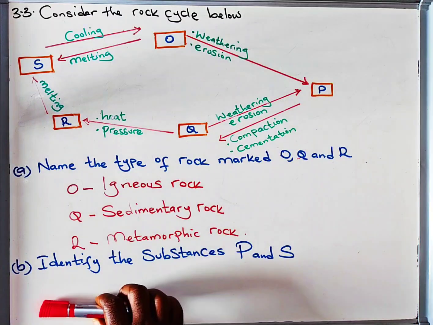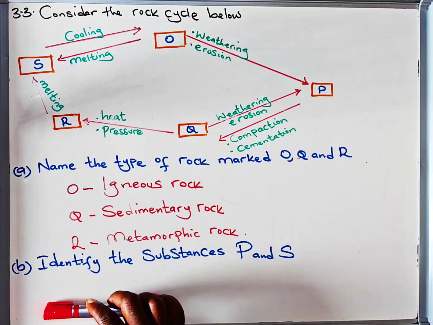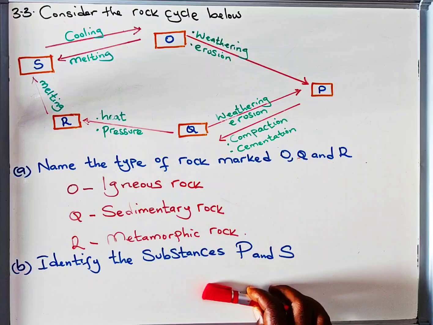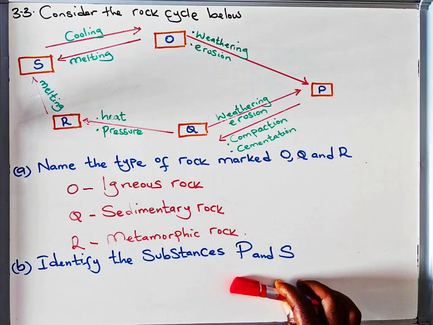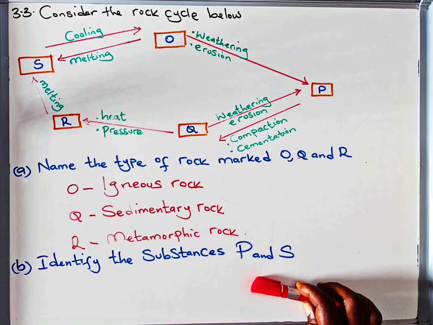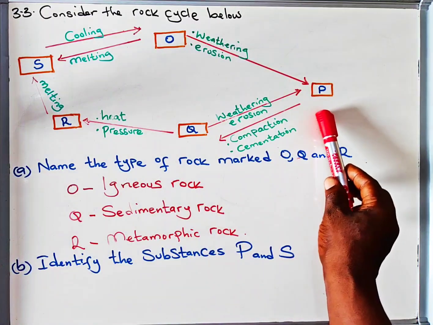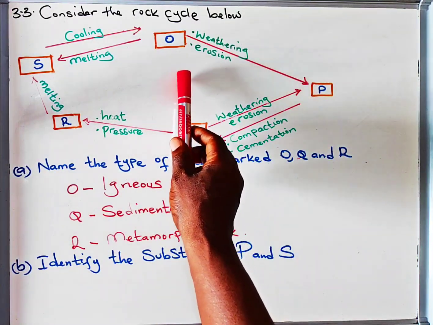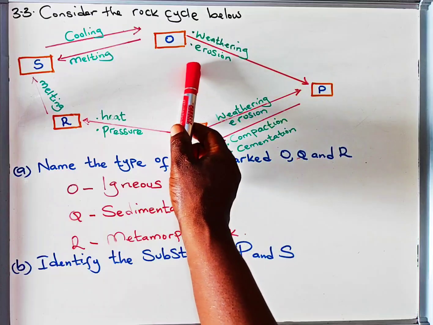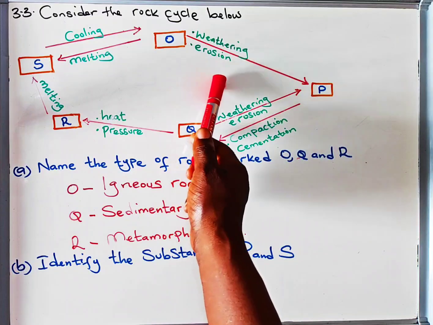When we come to this question, it says, identify the substances P and S. This is P, which is formed after weathering and erosion.